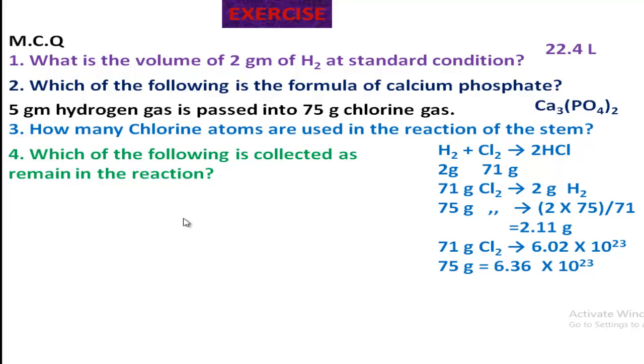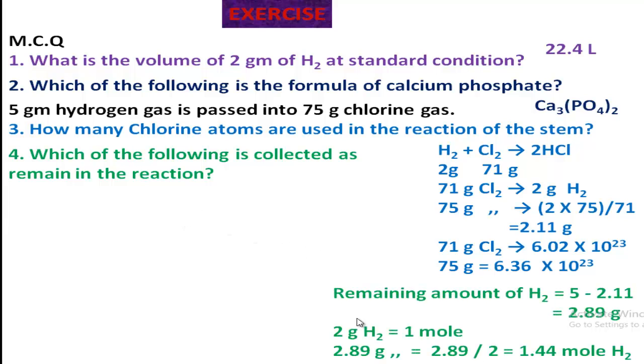So you have to calculate in mole. The used amount of hydrogen is 2.11 gram. So when it is subtracted from the given amount, you will get 2.89. Just convert it into mole by dividing by the molecular mass.